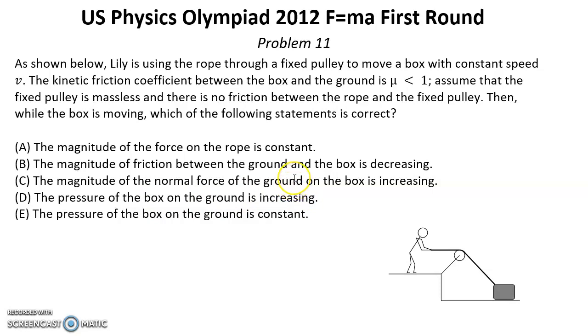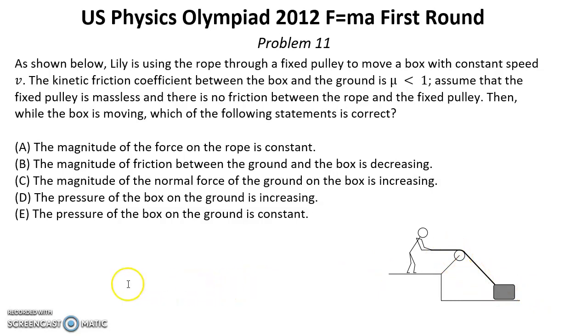That's the same as statement C, so that's not true. Statement E. The pressure of the box on the ground is constant. That's again not true, because we just proved that initially it was mg and finally it was almost 0.